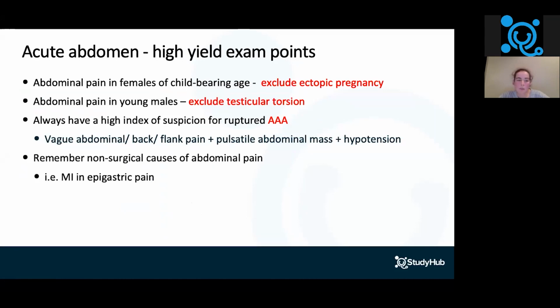This tends to be a middle-aged male presenting with vague abdominal, back or flank pain, a pulsatile abdominal mass, and the patient's usually very unwell and shocked with hypotension. And as I said, you need to remember non-surgical causes of abdominal pain. In particular in epigastric pain, we shouldn't be missing an MI.